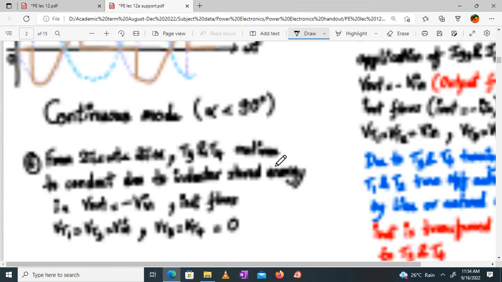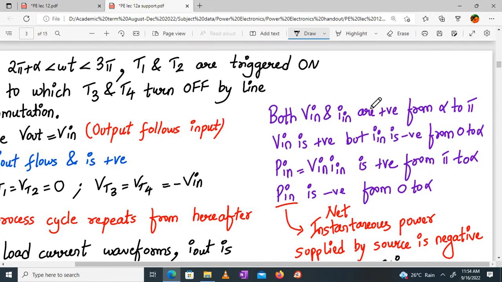So that means the input power flow: V in and I in are both positive from alpha to pi, whereas V in is positive but I in is negative from 0 to alpha. So if I calculate input power, V in into I in, it is positive from alpha to pi, whereas P in is negative from 0 to alpha.